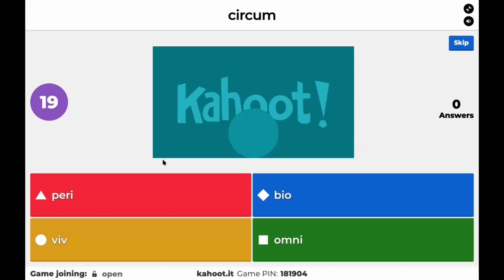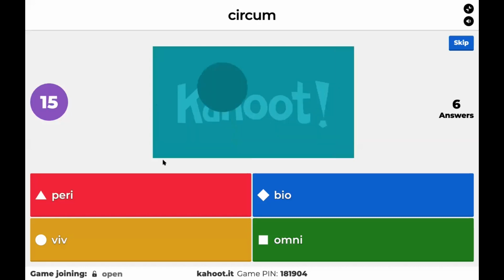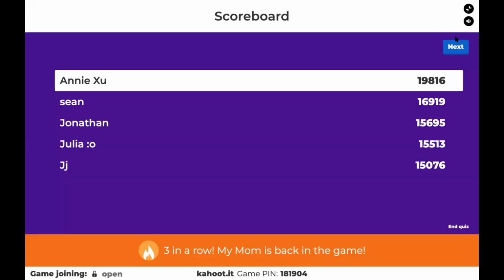Red is peri, blue is bio, yellow is viv, and green is omni. Nice. It's a majority.